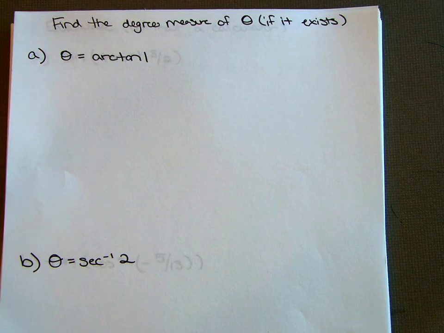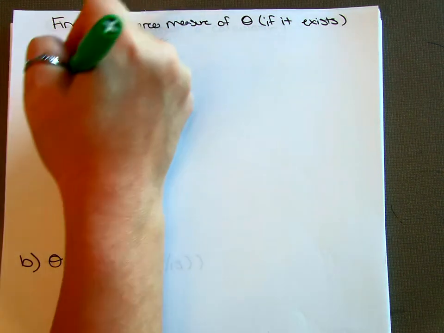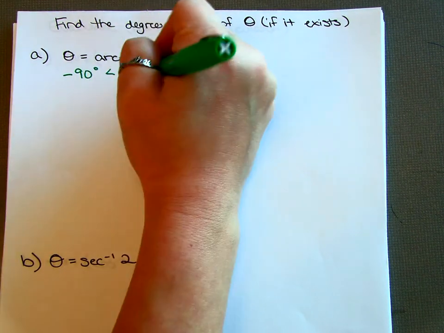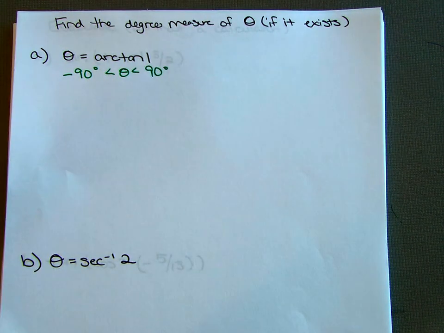And so I like to take a bunch of notes whenever I do this information so I can keep stuff straight in my head. We are limited between -90 degrees and +90 degrees. That's the -pi/2 and the +pi/2. That's where theta has to live.